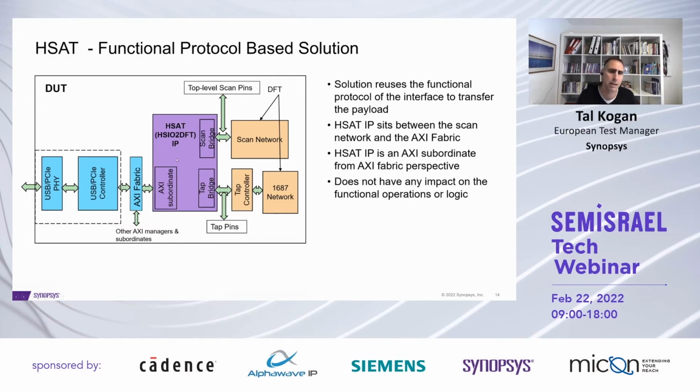That is the part that is able to translate the packets, or here it's actually data already, into your scan data, right? Allowing you to feed your regular scan network that is there on the chip, possibly your TAP controller using probably 1149.1. You might have whatever it is, 1687 network, 1500, it doesn't really matter. You use your own scan network, the regular test network that you have, while applying this solution.